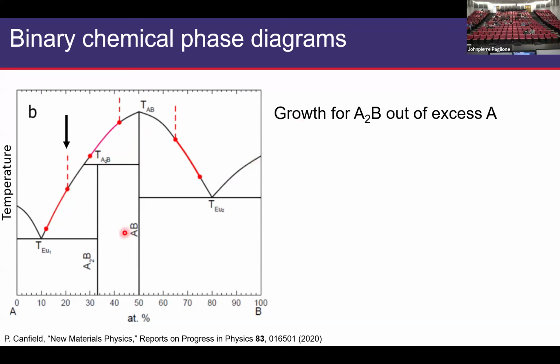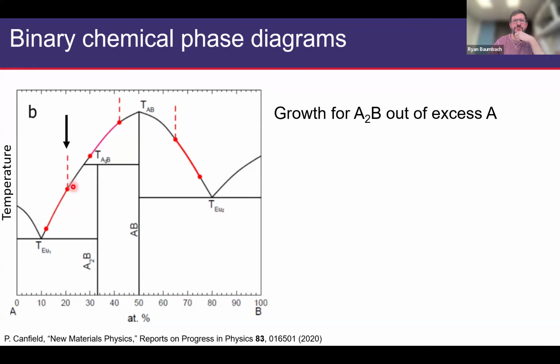So for example, if we wanted to get this phase A2B, we could notice that there's a horizontal line connecting from about A equals 0 to A equals 33%, whatever it is. So you could make a combination of elements that are close to A2B, but have an excess of A. That's what this line represents.